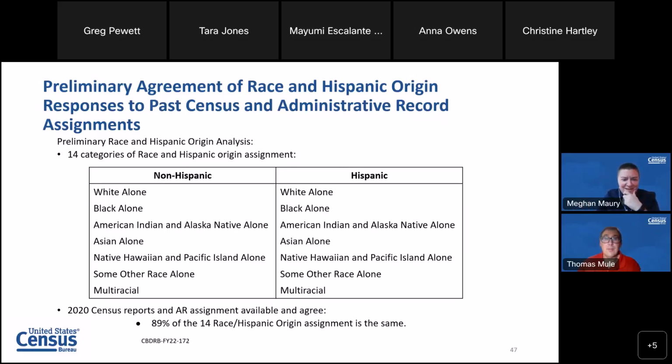I think we have that equation on a slide here somewhere, but we'll get to it. Next we're going to take a deep dive into how administrative data, or data from other federal, state, and local programs, are used to produce these population estimates.